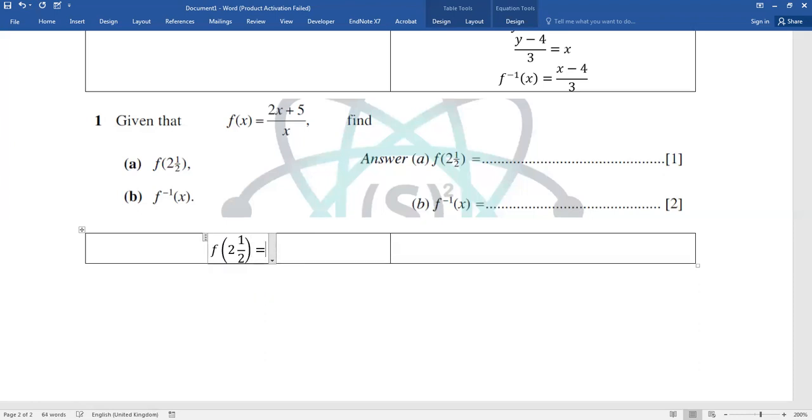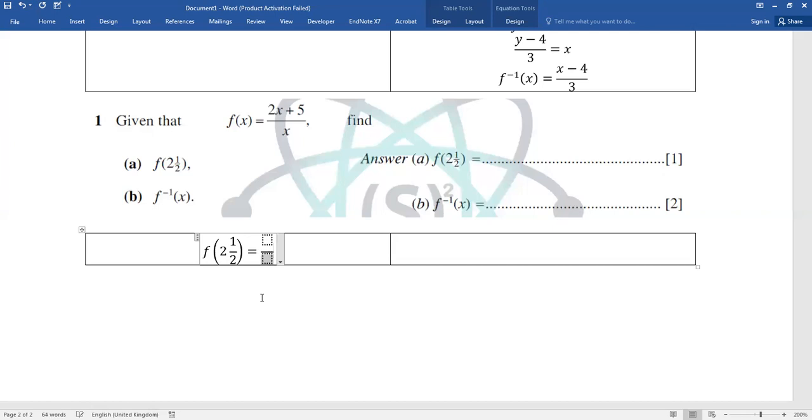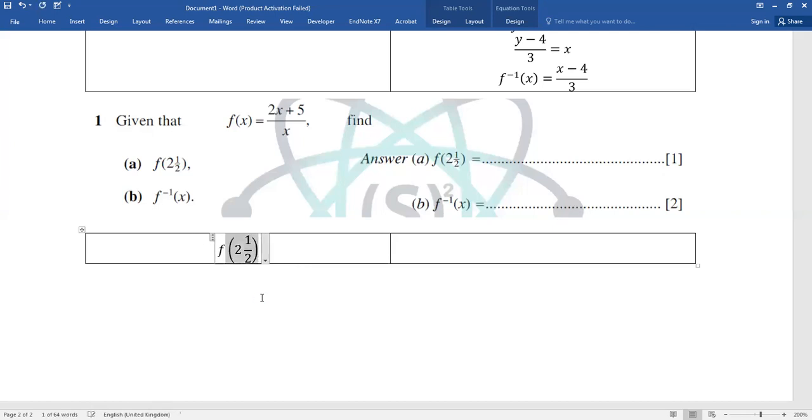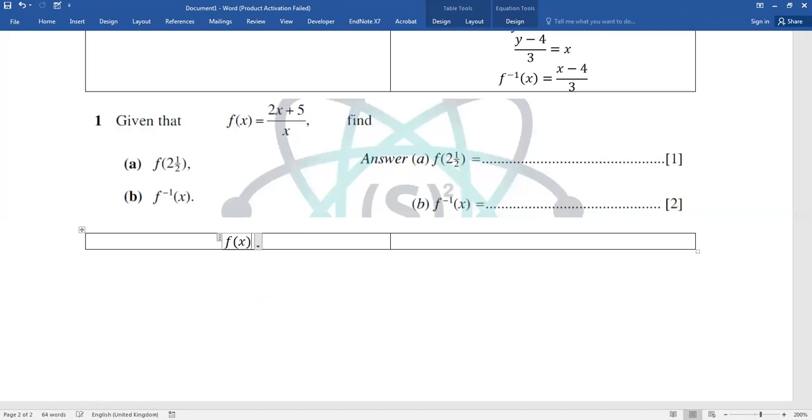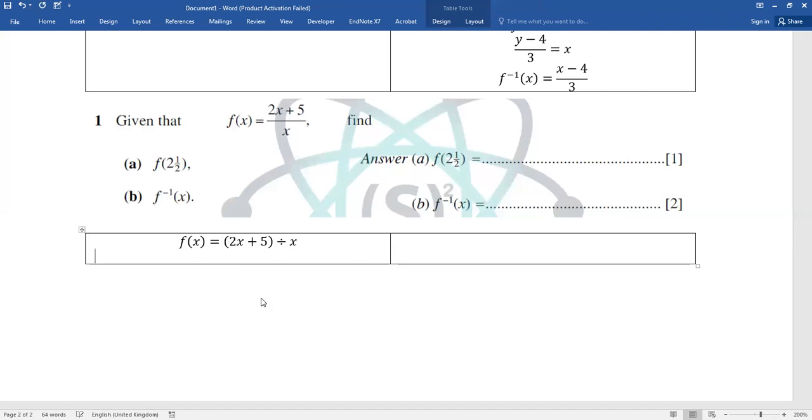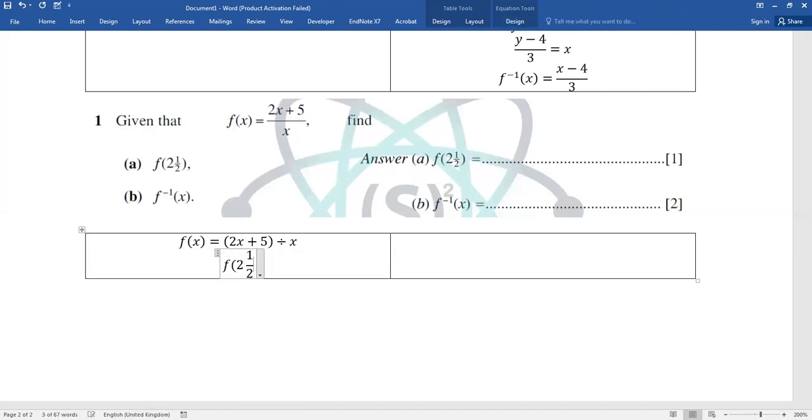2.5. Now wherever there is x, we'll plug in the value. I'll write it as 5/2, because we cannot do calculations with mixed numbers.